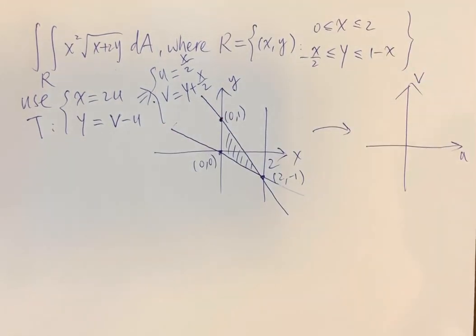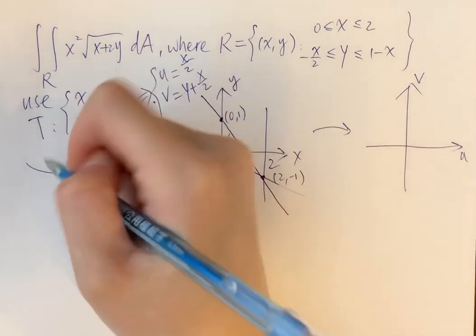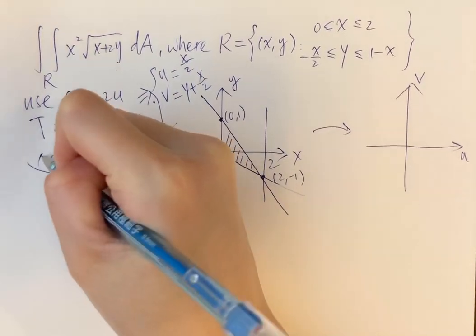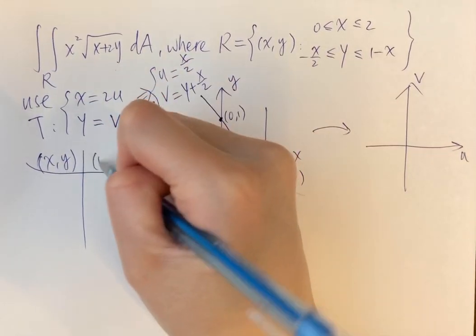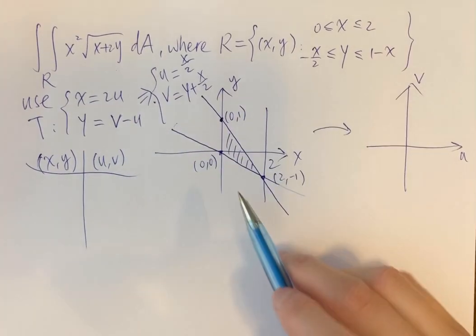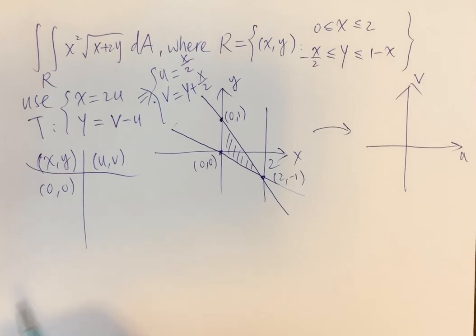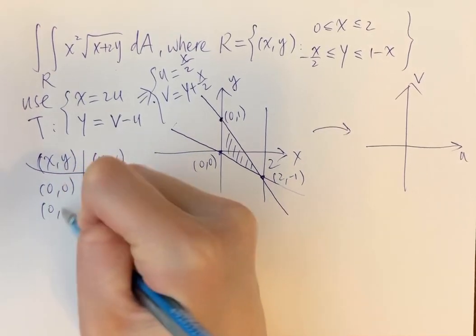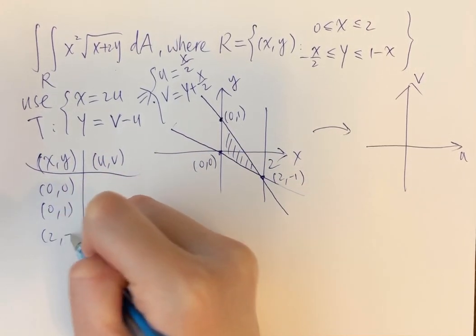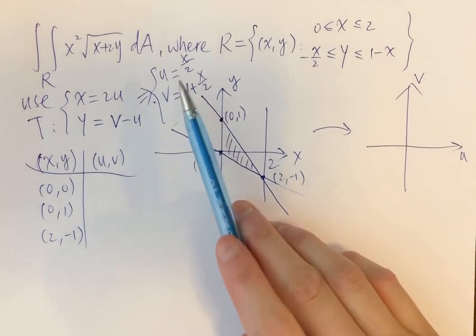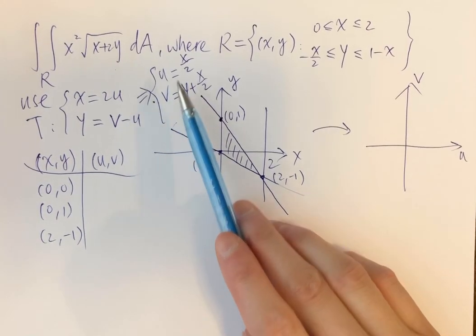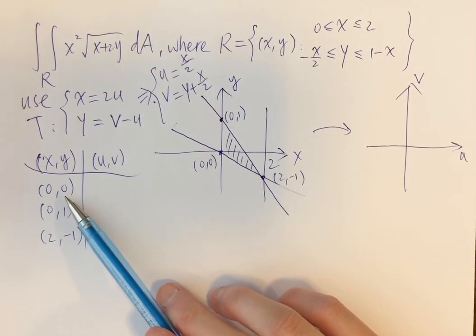Okay, and then we can do a table of how we map points in the xy plane to the UV plane. So in the xy plane, we have 3 points that we want to consider: 0, 0; 0, 1; 2, minus 1. Based on this system of equations, we can know where they go.